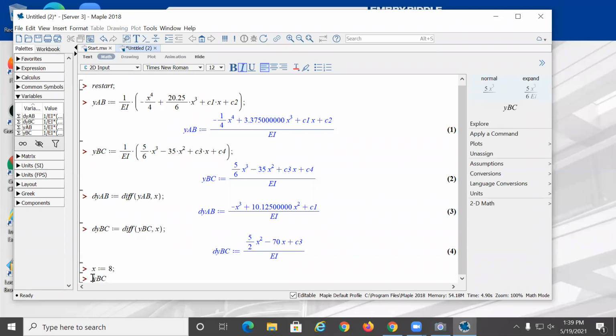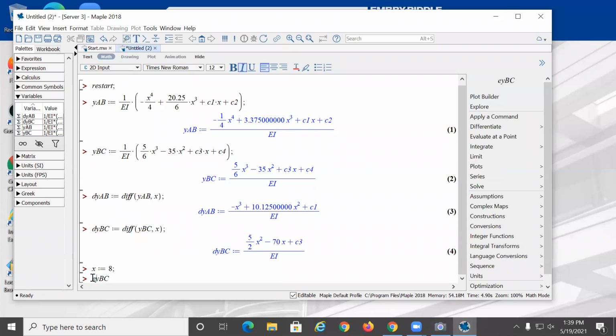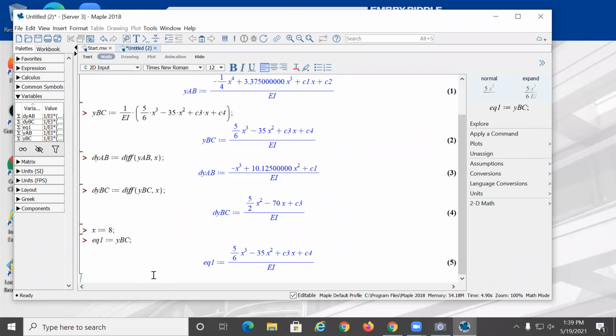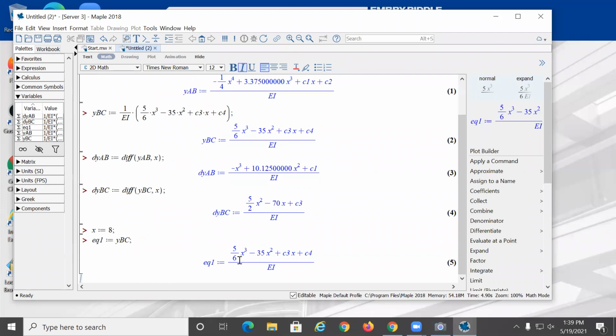Basically we can say EQ1 will be equal to this. I mean, really it should be YBC minus 0, but since it's 0, it's 0 here. So this should be equal to 0, no? Correct?